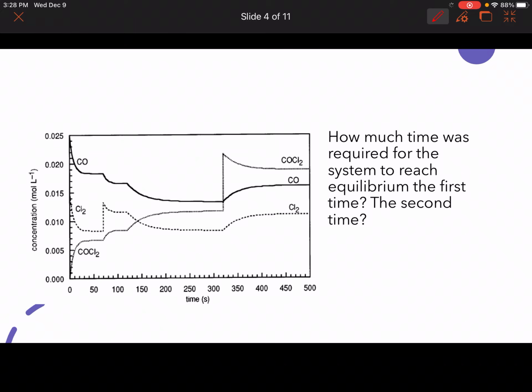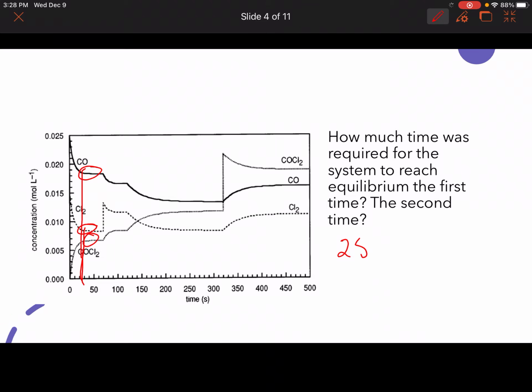Next, how much time was required for the system to reach equilibrium the first time and then the second time? If we remember, we talked about this right at the beginning of this unit: equilibrium is represented when there's a plateau on the graph. Our first plateau is here, right? If I drop a perpendicular down, it's right around 25 seconds.